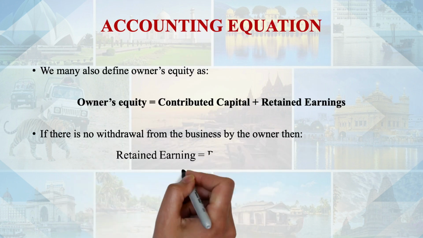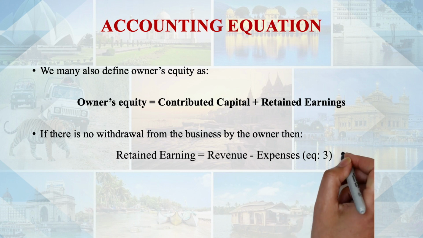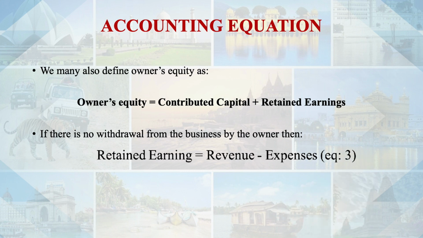The owner has the right to enjoy the capital, that is his capital, and along with that the profits, the retained earnings, the earnings which have been retained by the business, which will now definitely belong to the owner. So owner's equity is contributed capital plus retained earnings. Now, if there is no withdrawal from the business by the owner, if the owner does not take out any part of the profit, then what is retained earnings? Simple. Your profit is equal to your retained earnings.